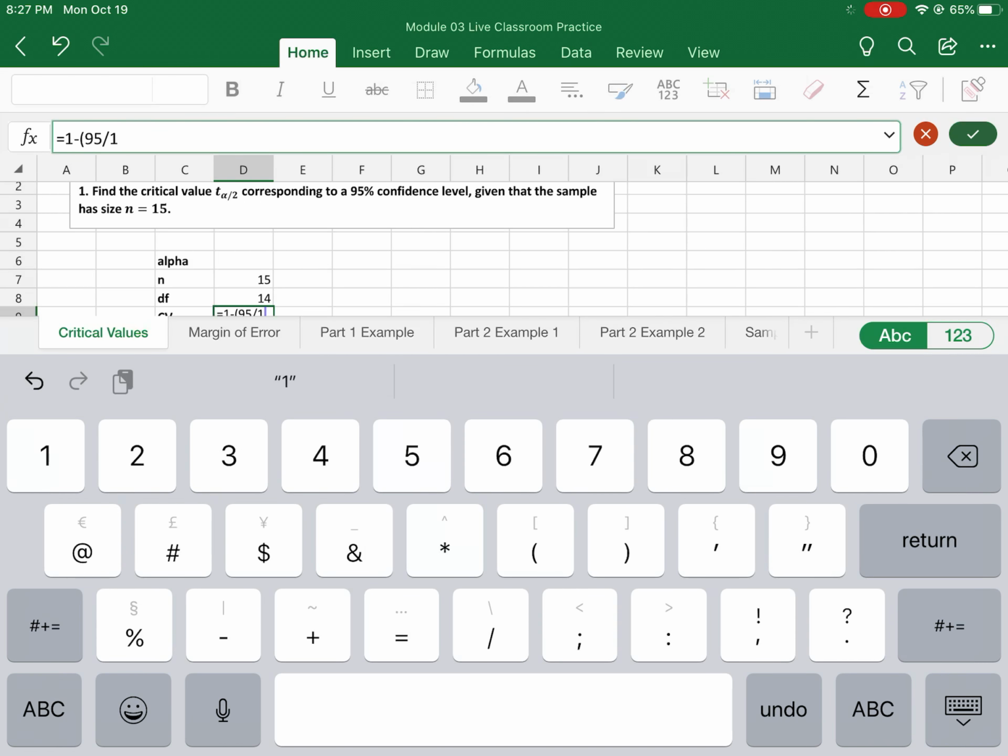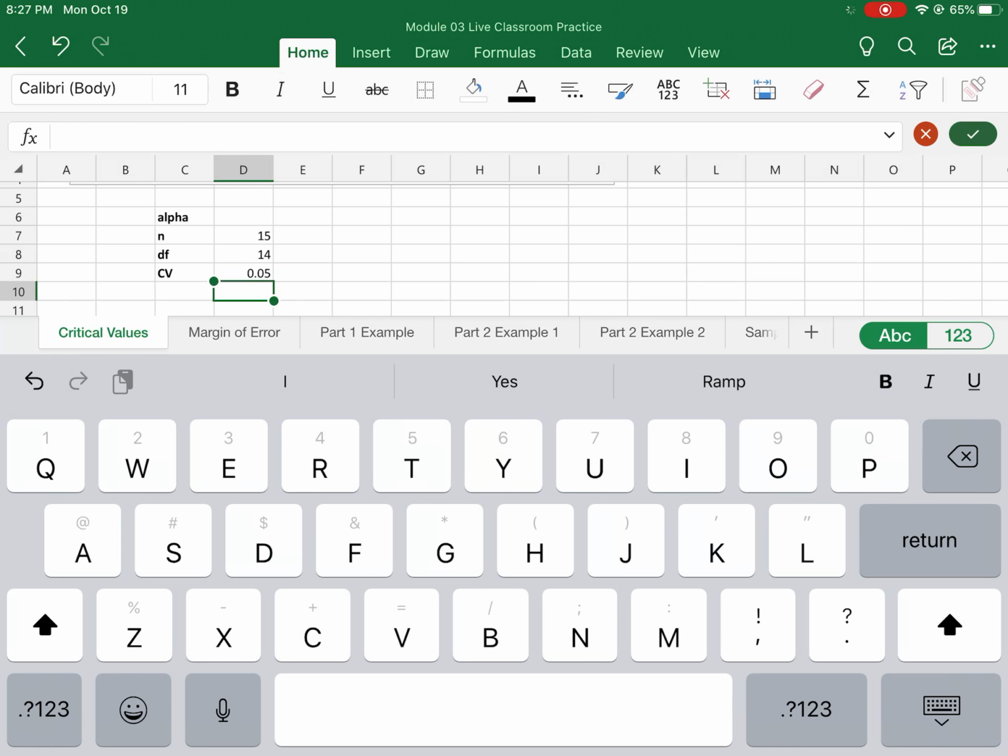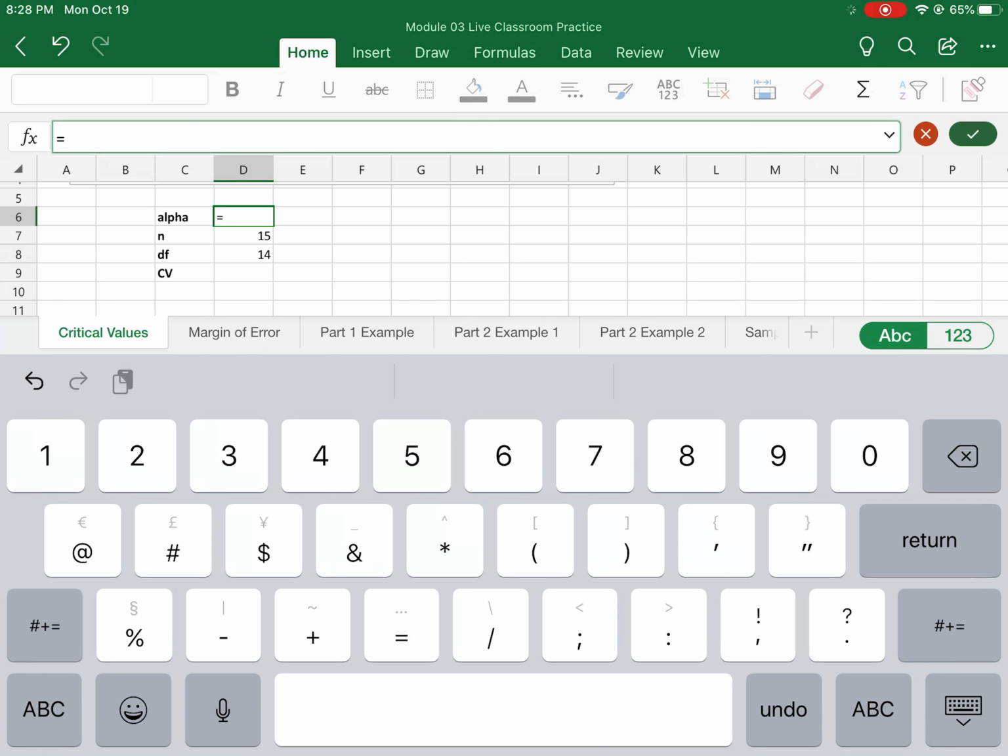So 95 divided by 100. Close those parentheses and hit enter. So I get 0.05. Oops, and I accidentally did that in the wrong box. So I'm just going to redo that really fast. Equals 1 minus parentheses 95 divided by 100.